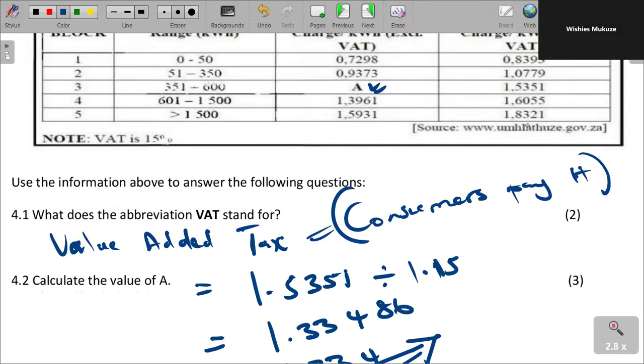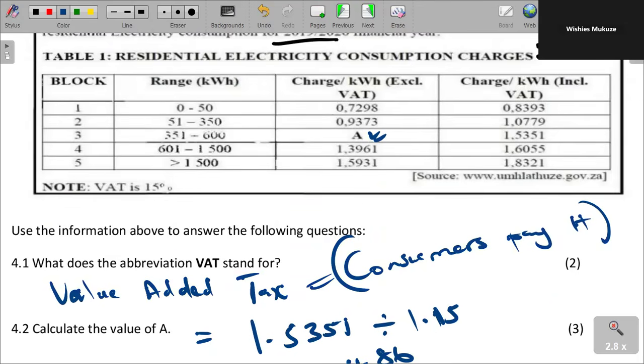So we are just calculating A, the charges per kilowatt-hour. This value here includes VAT, it is plus VAT. So we must remove VAT in order to get the charge without VAT.